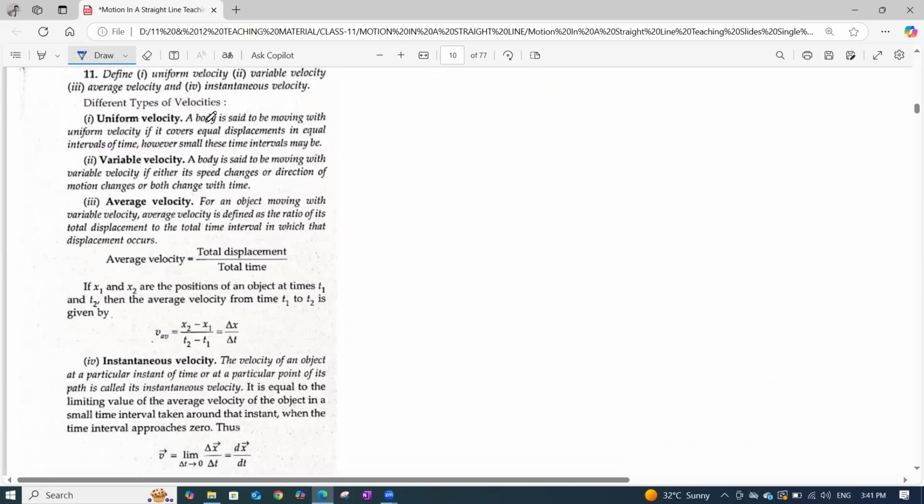What is uniform speed? A body is said to be moving with uniform velocity if it covers equal displacements in equal intervals of time. So uniform velocity means it has to cover equal displacements S1, S2, S3, in equal intervals of time, T1, T2, T3. Or simply to say, same speed, which we have studied.